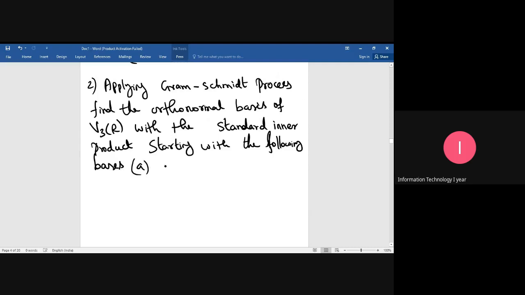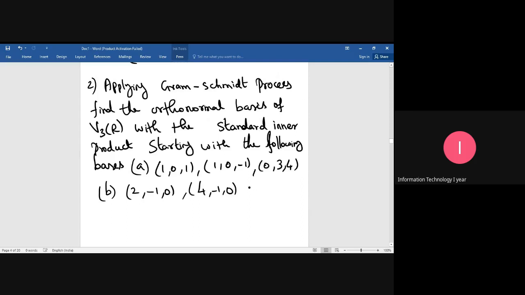The first question is 1 comma 0 comma 1, 1 comma 0 comma minus 1, 0 comma 3 comma 4. The second question is 2 comma minus 1 comma 0, 4 comma minus 1 comma 0, 4 comma 0 comma 1.